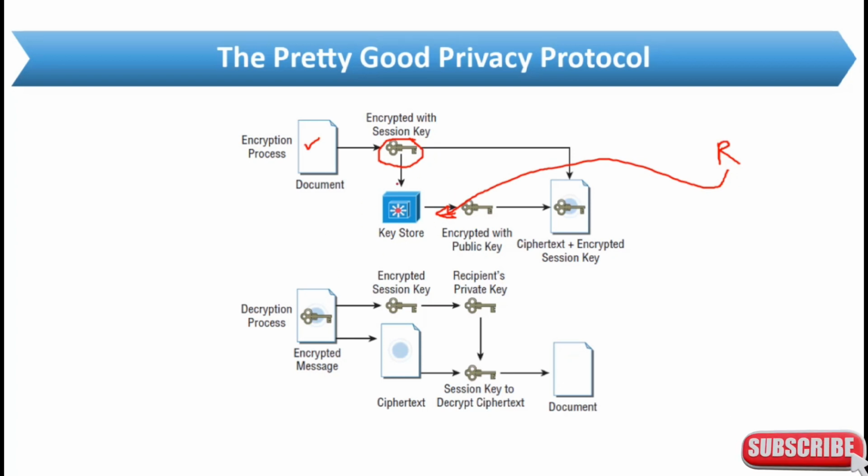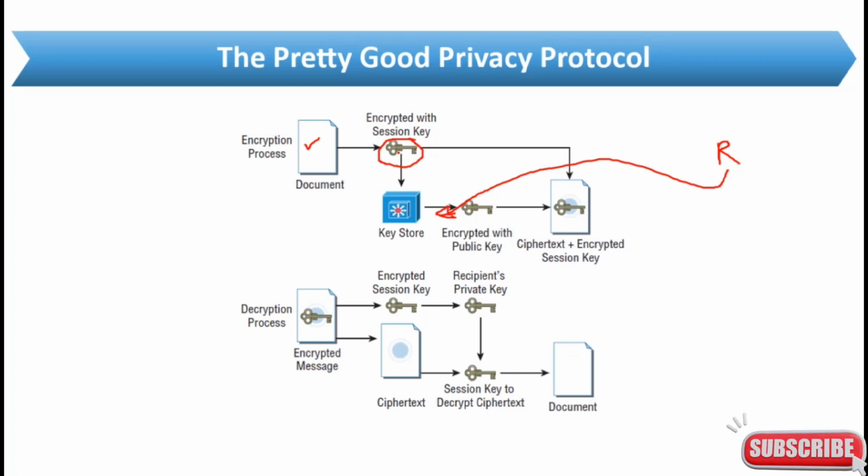Now with this public key, this key is encrypted because we know that whenever you want to send data over the internet, in order for the recipient to decrypt the data with his private key, you must encrypt the data with the public key. Then only the private key can decrypt it. Okay.